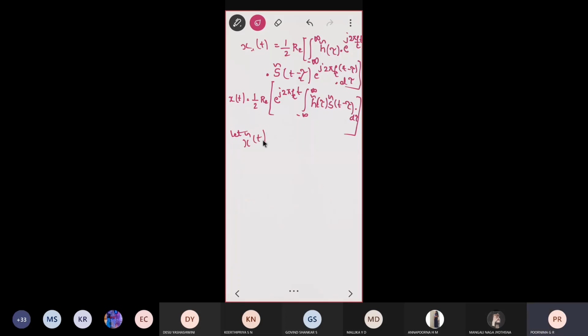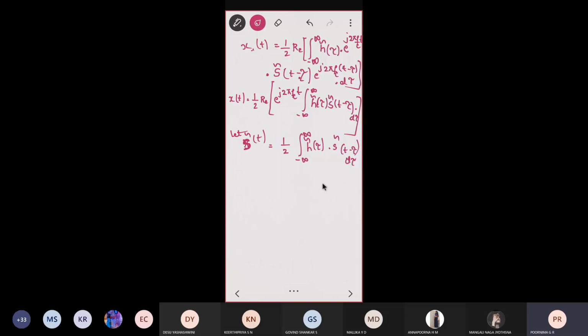Here x tilde of t is the complex envelope, which you can replace with half of the integral from minus infinity. In this equation, I am going to substitute x tilde of t as half of h tilde of tau into s tilde of t minus tau into d tau.